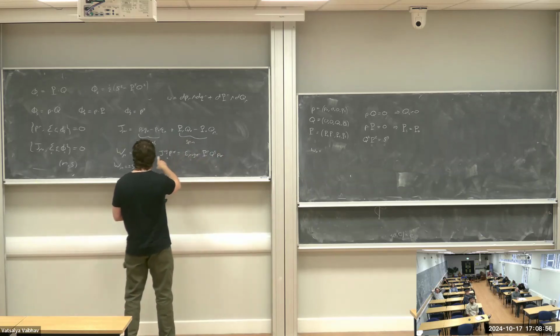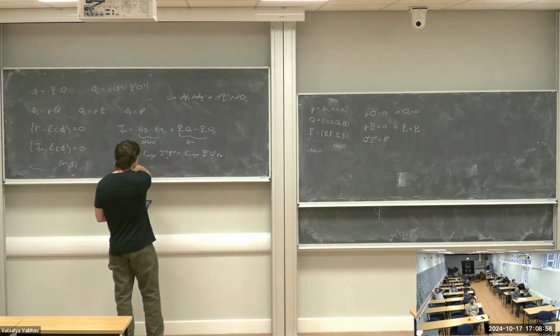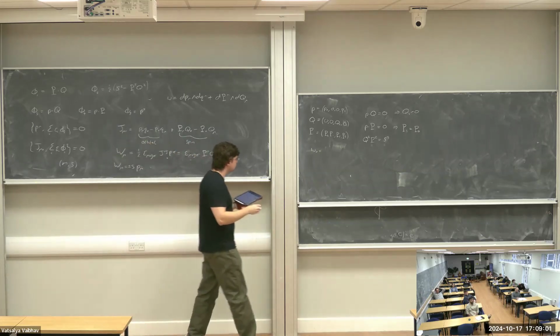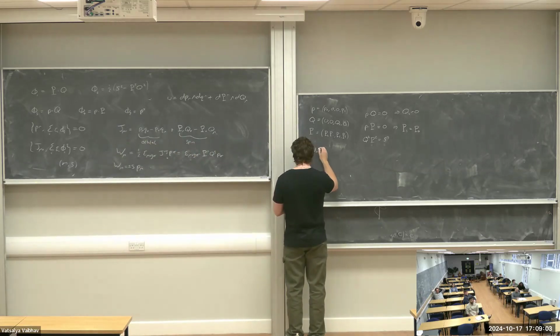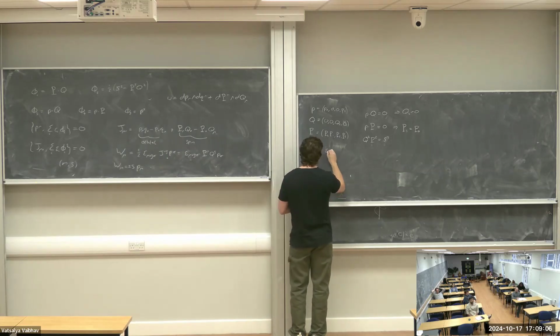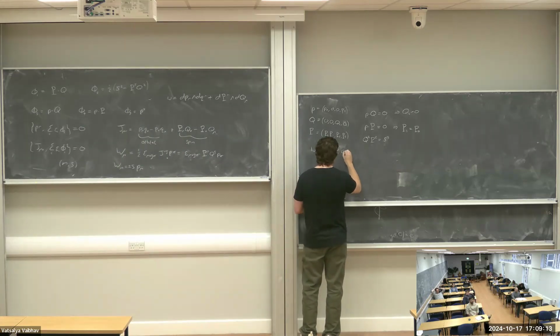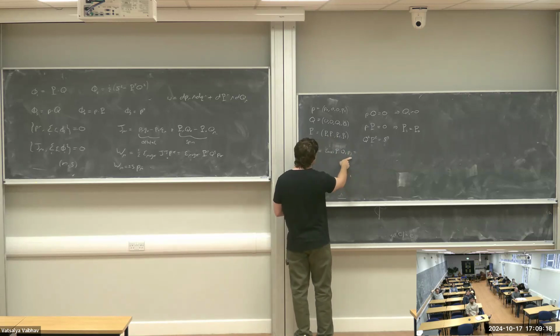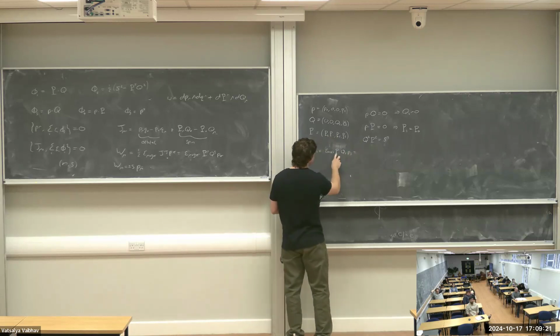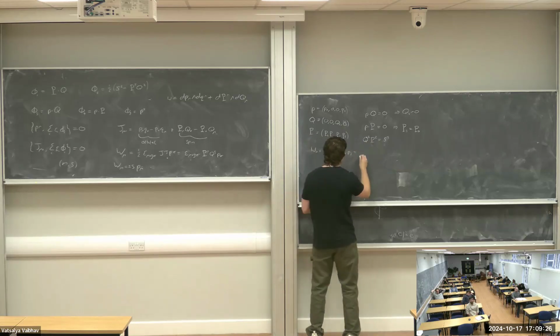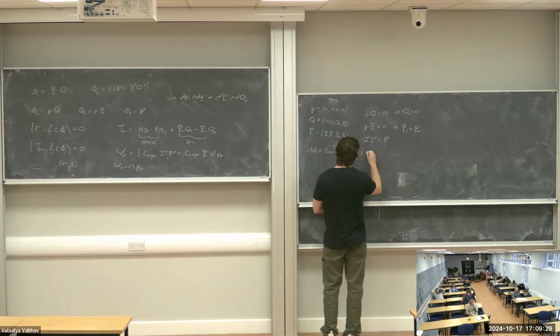So you can now read off the components of this vector from over here. And you find that W0 is epsilon 0123, big P1, Q2, p0. From this equation, I read that this must be S, because this is just the square root of this. This is just, well, plus or minus S times p0.